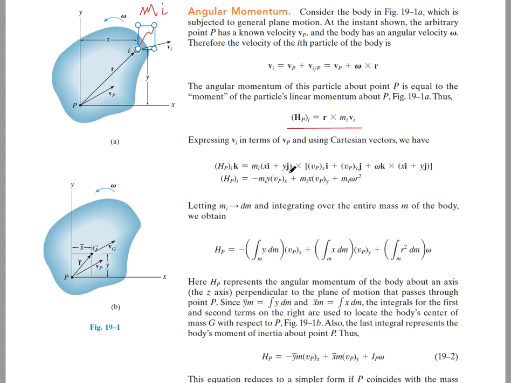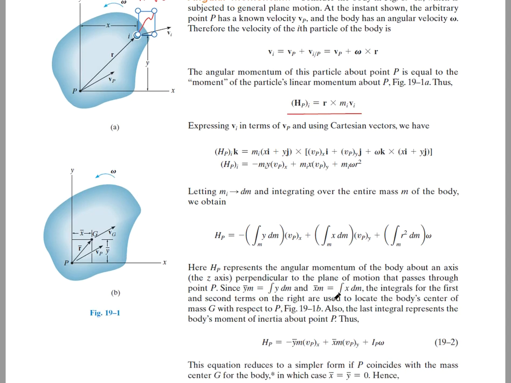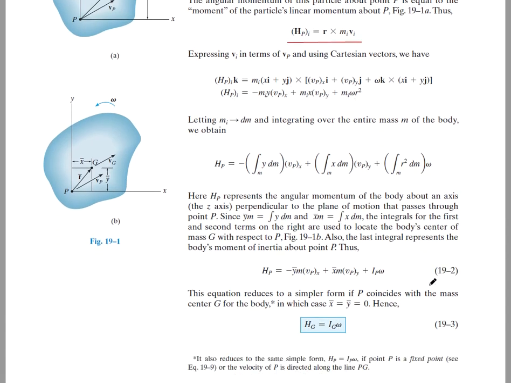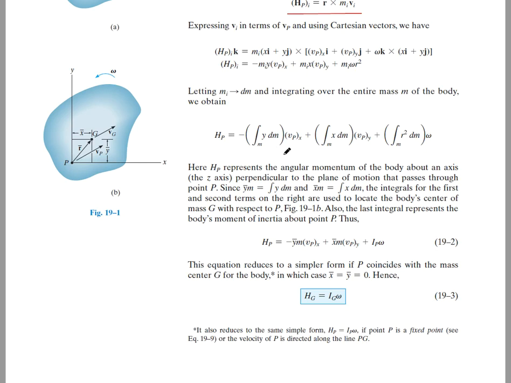Now when we take the entire body and integrate over the body, and the mass of the particle becomes that infinitesimal dm, then the three integrals become one that includes the y of the centroid G of the body.